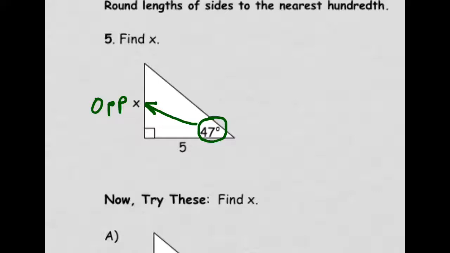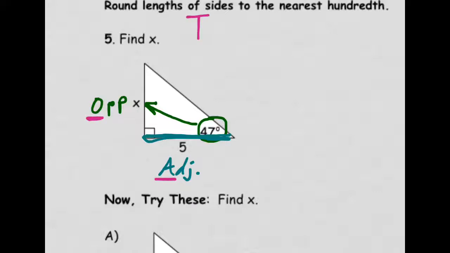And then they're giving me my adjacent side. Remember, the side that touches the angle is the adjacent side, right? So I've got A and I've got O.